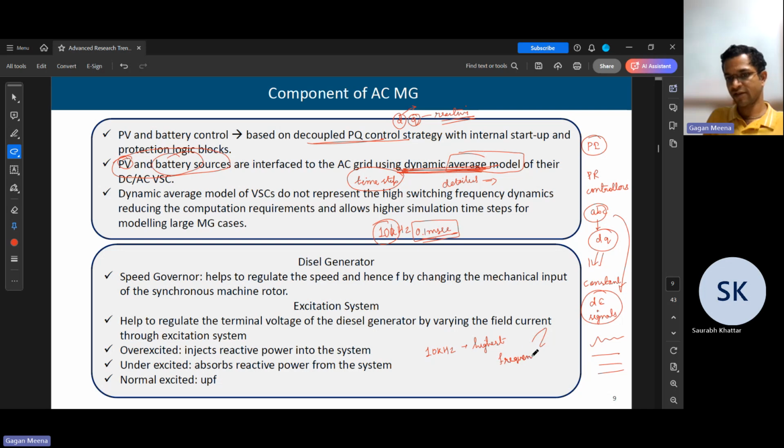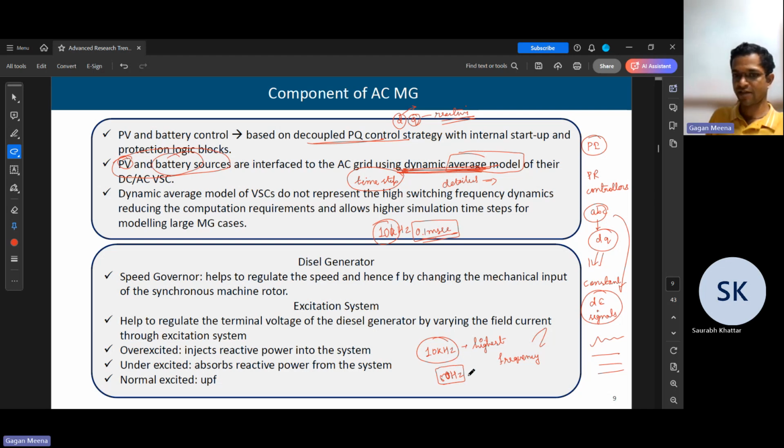And because we have sinusoids, we have a fundamental frequency of 50 hertz. In steady state, we will be having this 50 hertz. In transients, we will be seeing this. Even in normal operation, we can see the switching of these switches.